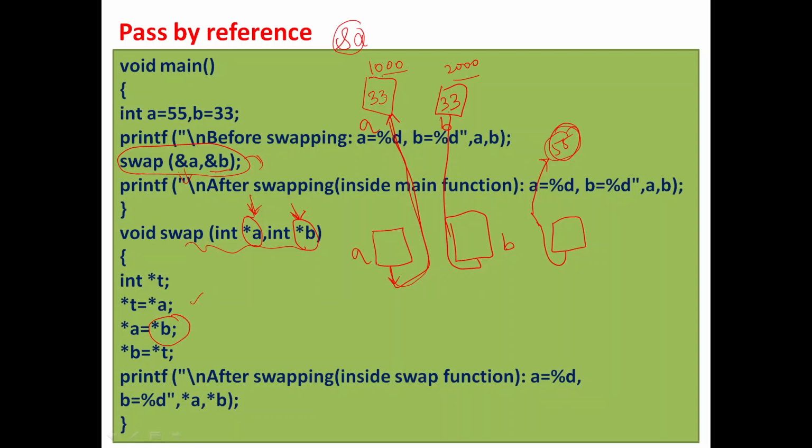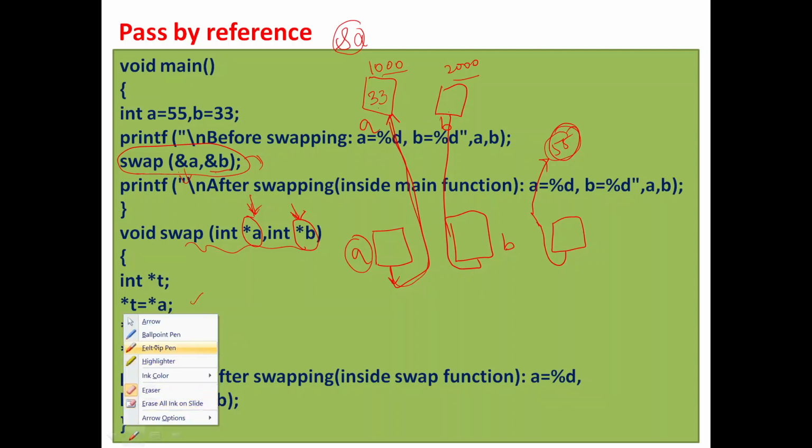So the value pointed by this pointer is changed to the value pointed by b, and in this step we are going to change the value in B to the value pointed by t. The value pointed by t is 55. So this happened in this step.